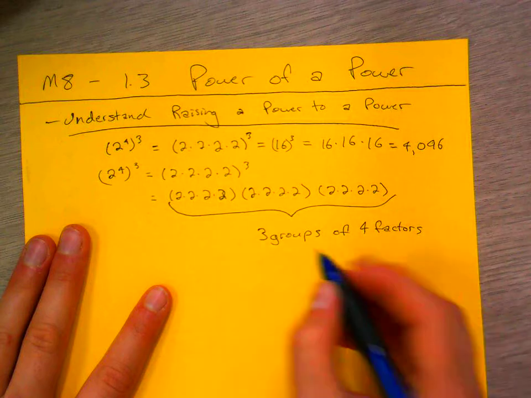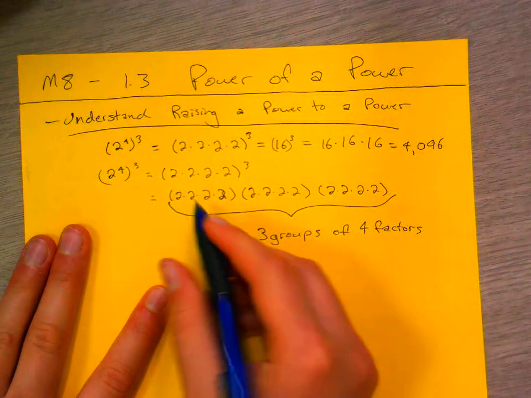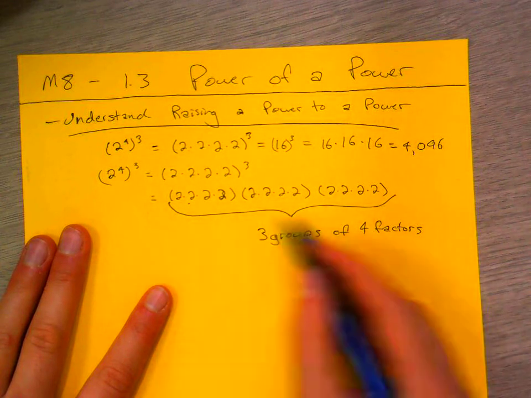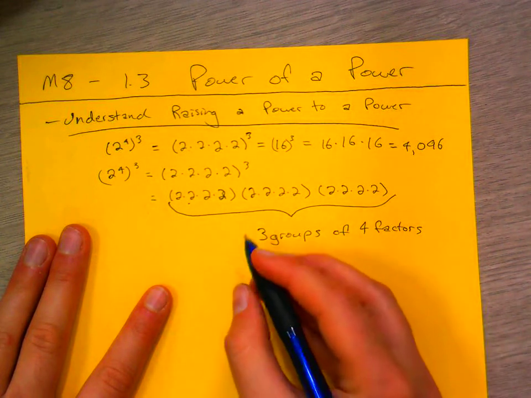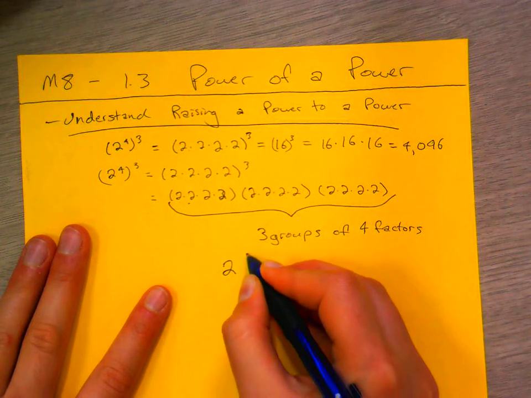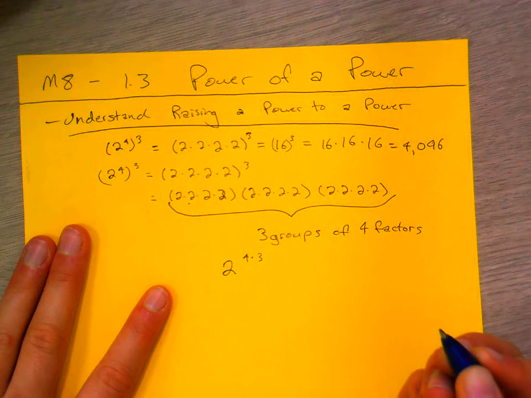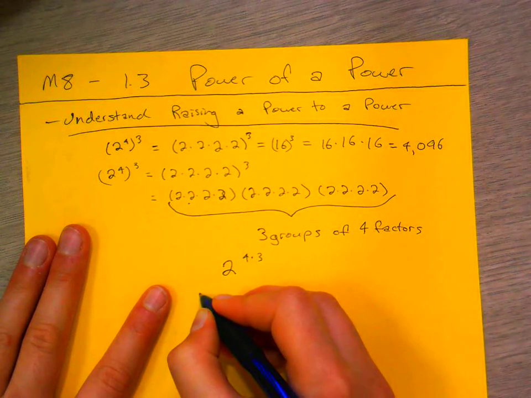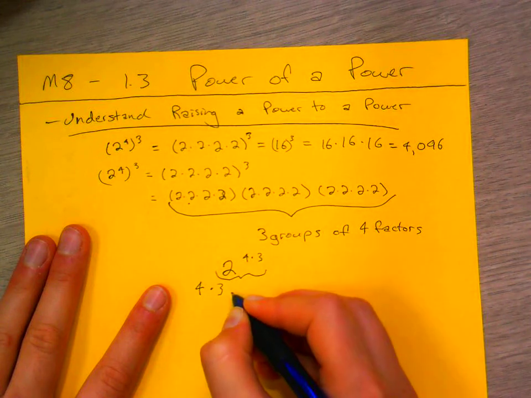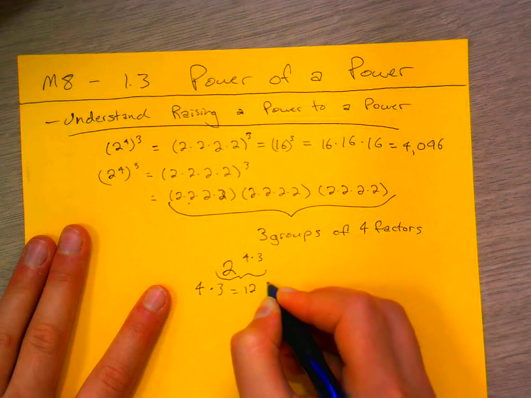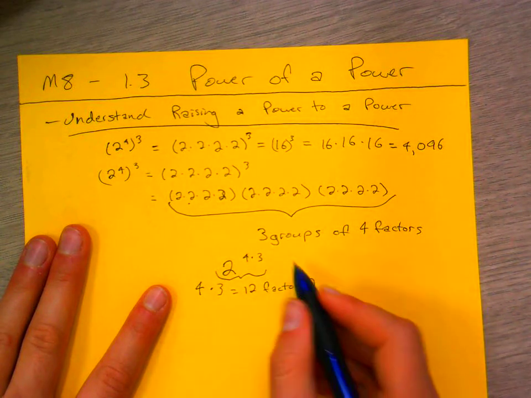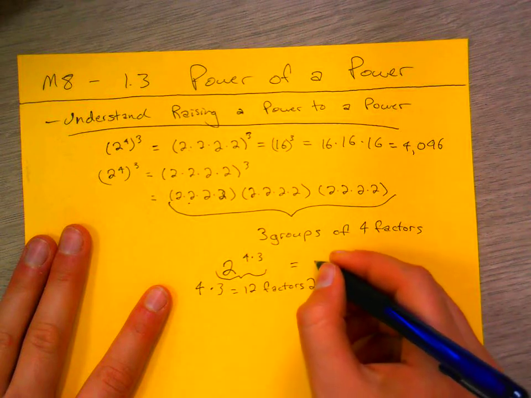You could also write this as, there's 12 here, right? So since we have 12, to get to 12 using the numbers 3 and 4, all you have to do is say 2 to the power of 4 times 3, because 4 times 3 equals 12 factors of the base number 2.